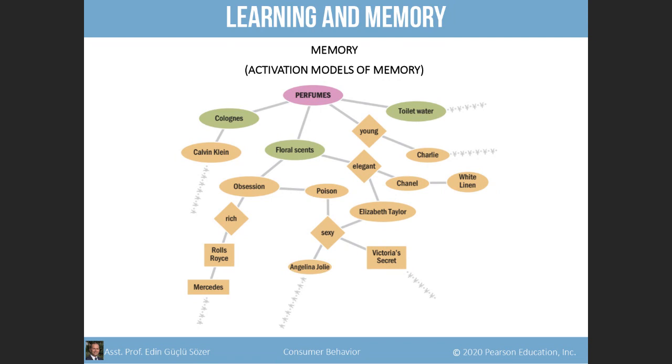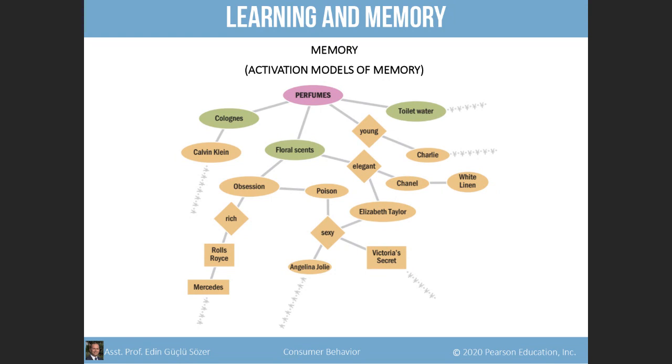We need to communicate the right information required to be placed in the right associative network in memory. So if we are a perfume brand, we need to communicate the right benefits, the right product information, and the right package design to be categorized under the perfume associative network.